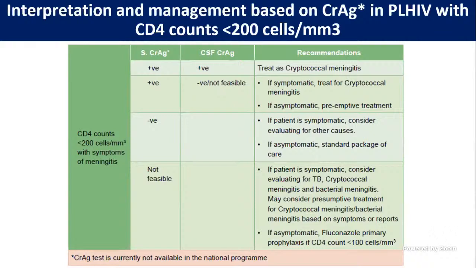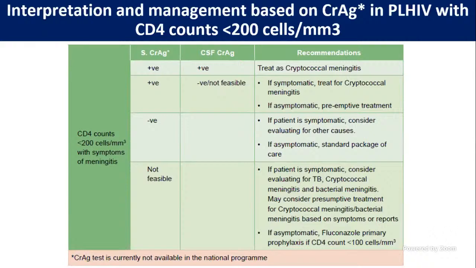Now comes the question which many of us are facing: serum CRAG is not feasible or not available. It has not been rolled out across our country, so maybe it is not available with many ART centers. Suppose it is not available, then what do you do? If patient is symptomatic for meningitis, then you will do a CSF and go ahead with diagnosis of meningitis like we normally do.